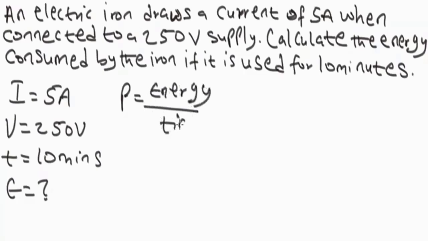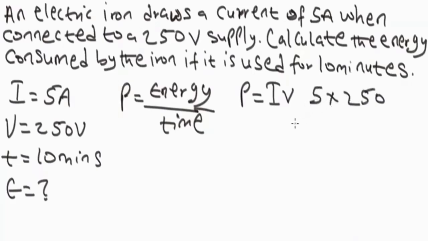Remember, energy can be gotten from the relationship that power equals energy used up with respect to time. Now to get power, remember again that power is related to current and voltage, mathematically expressed as power equals IV. So we have a current and we have a voltage. Power will be 5 times 250, which gives us 1250 watts.